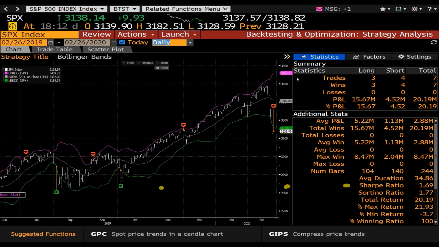The concept is the same, but I have done the back test for this particular strategy on this particular time frame on this particular derivative.